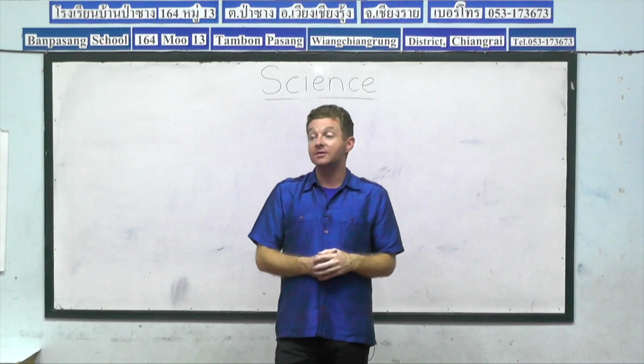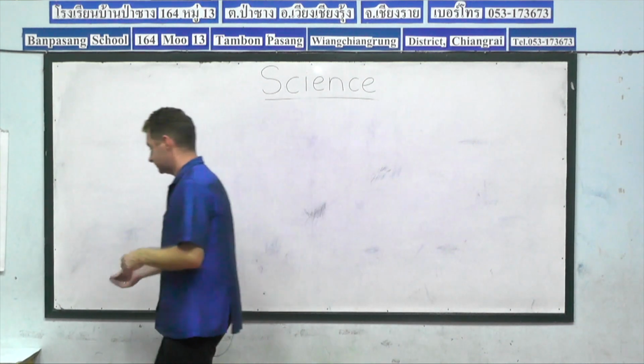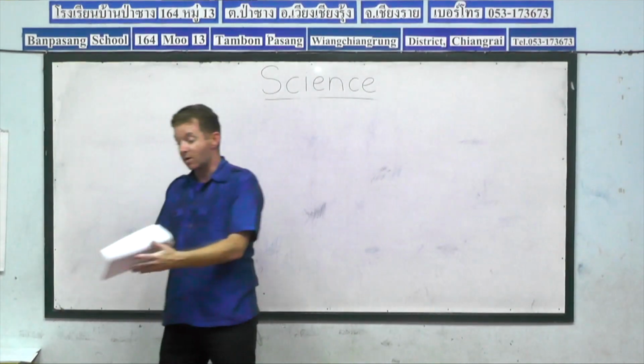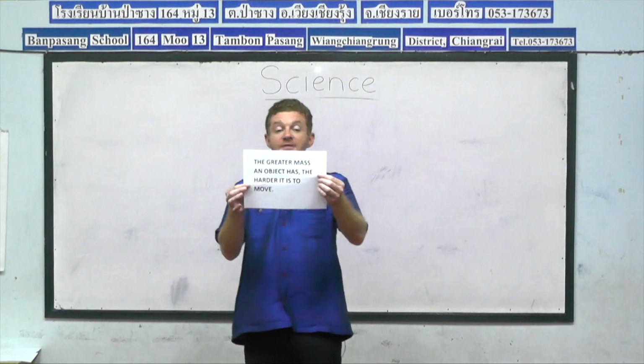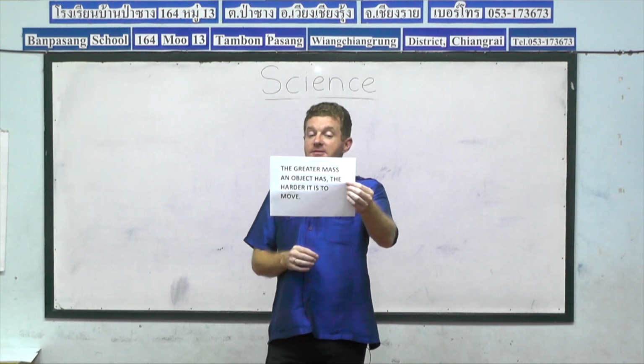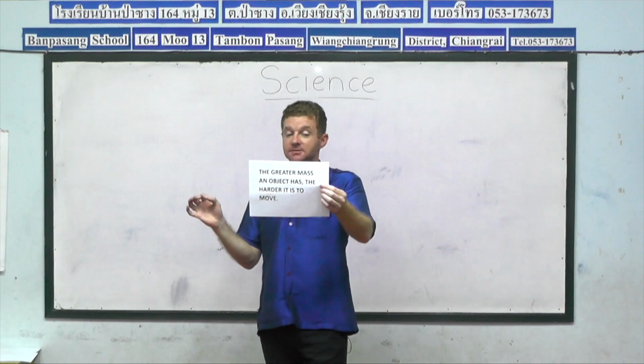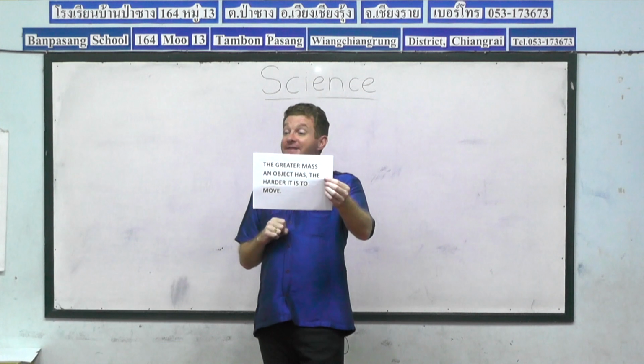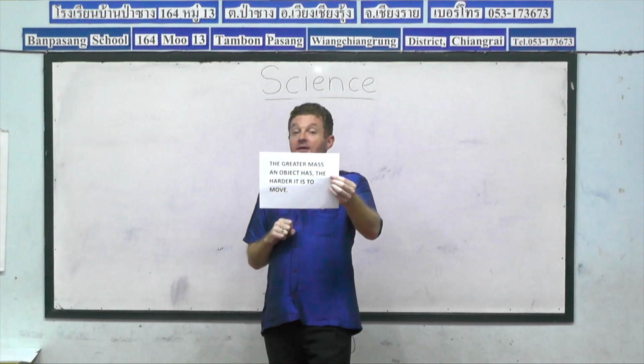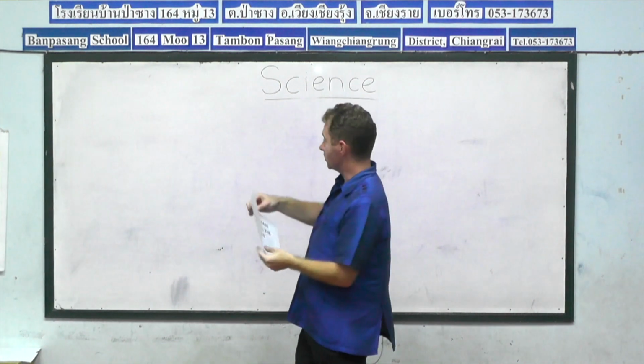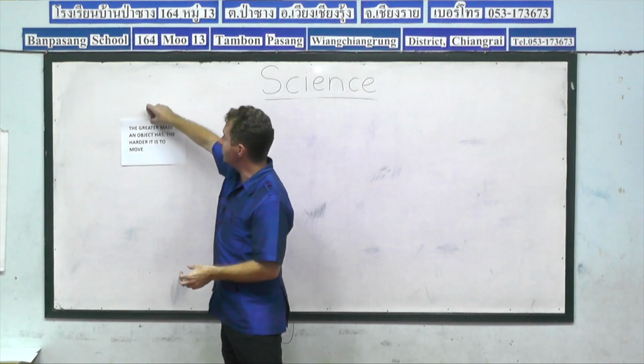So first of all, let's take a look at our sentences. So our first sentence, the greater mass an object has, the harder it is to move. Okay, so the greater the mass, the harder to move.